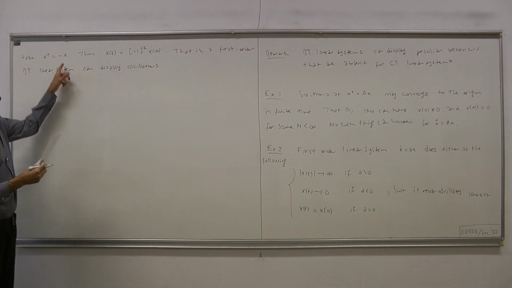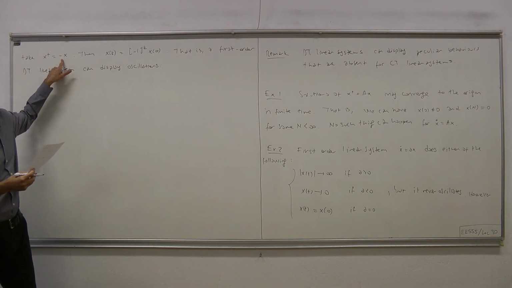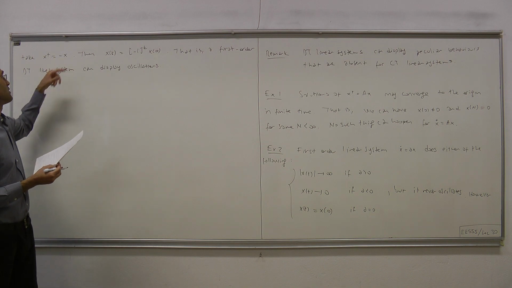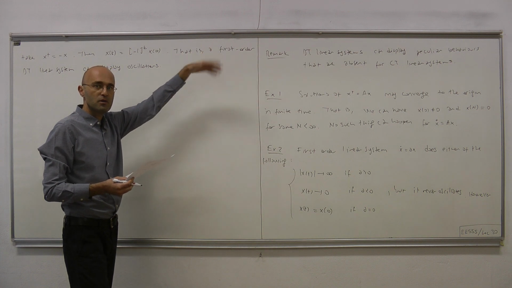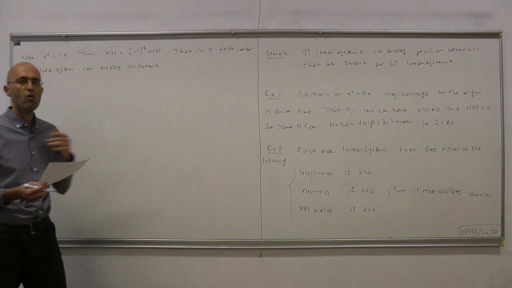If, for instance, here we have minus 1 as our A matrix, and it's, let's say, minus 2, then again you will oscillate, but those oscillations will grow in magnitude.